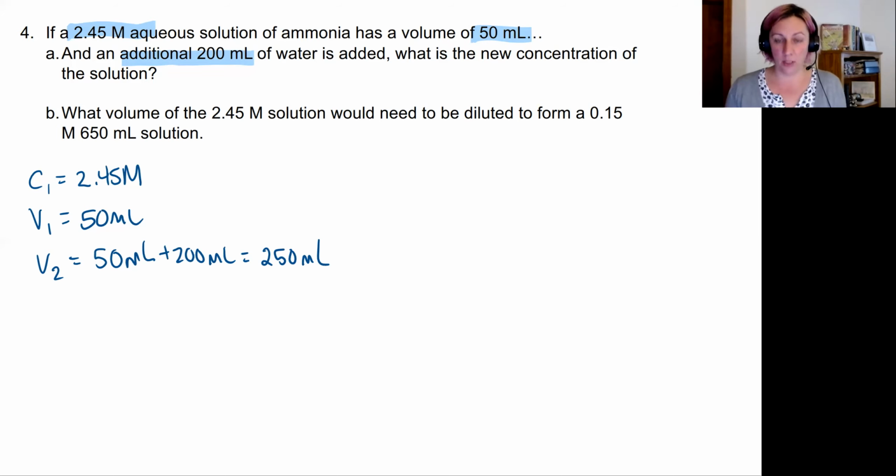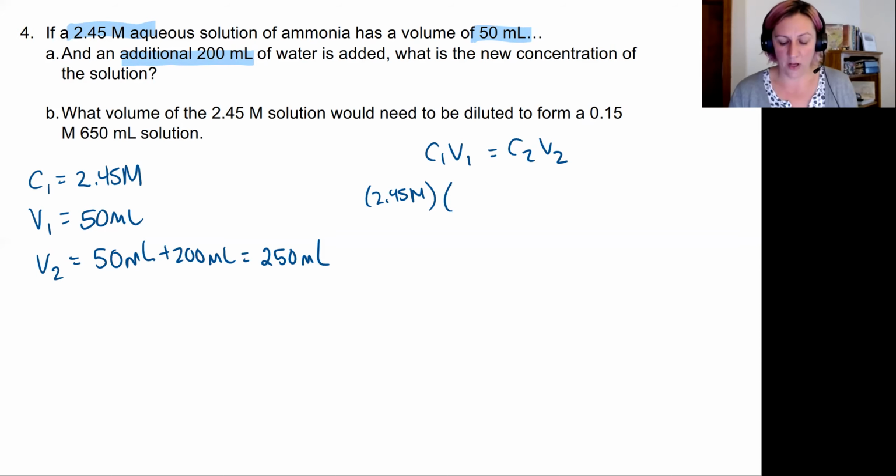So I'm going to pull up my C1V1 equals C2V2 equation, and I'm going to plug in the values that I have into it and figure out what that concentration is. So I have 2.45 molar for my first concentration, and I have a volume of 50 milliliters. So now I can put in 50 milliliters since my second volume is also in milliliters, or I can convert both to liters. Either way, I'm going to keep it in milliliters.